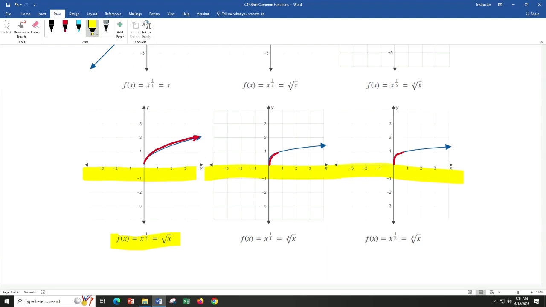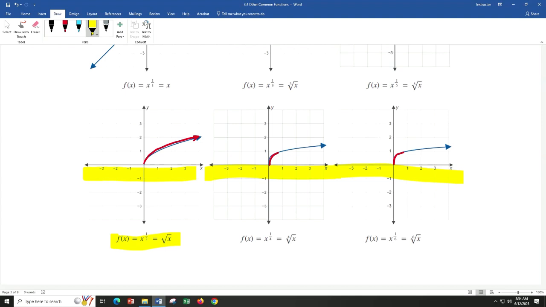Absolute value. Absolute value always has how many answers? 2, right? Okay. What's the absolute value of 0, though? 0. Because absolute value denotes what? Distance from 0. So how far are you away from 0 when you're at 0? 0. How far are you away from 0 when you're at 1? 1.